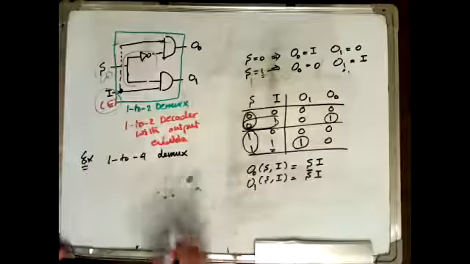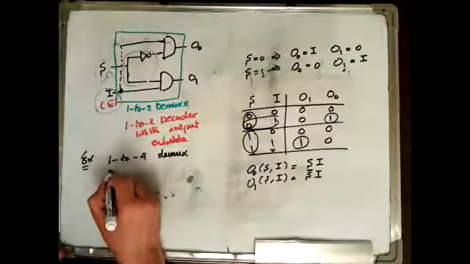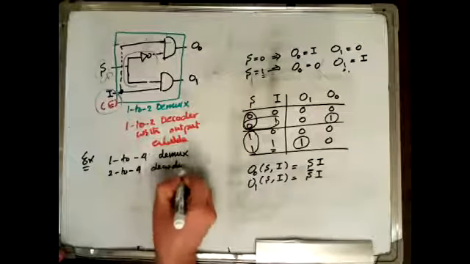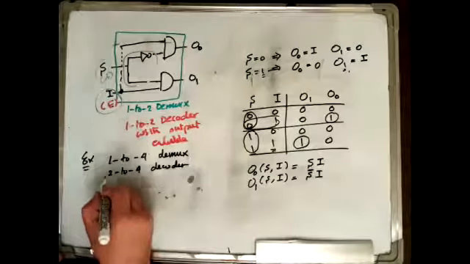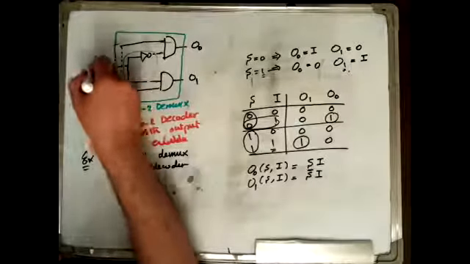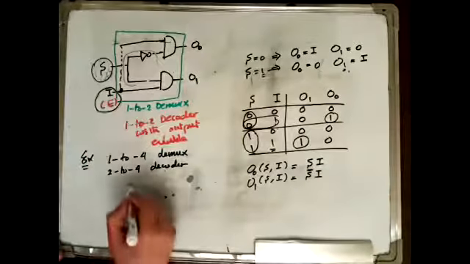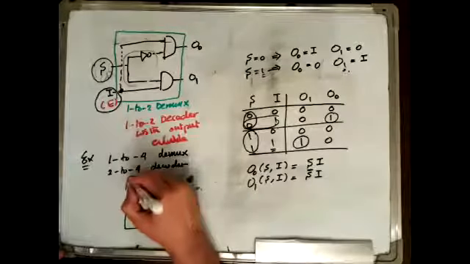A 1 to 4 Dmux is basically a 2 to 4 decoder, such that the address lines are connected to the selection lines and the enable of the decoder is the data input.